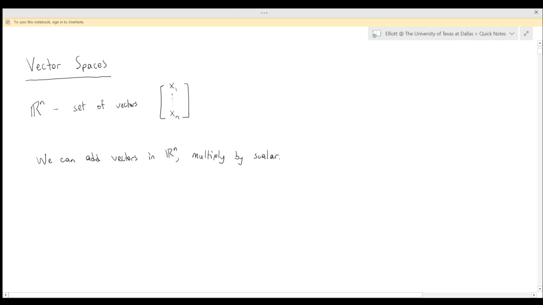Now, in addition to vectors in Rn, there are other things that we can add and multiply by a scalar.